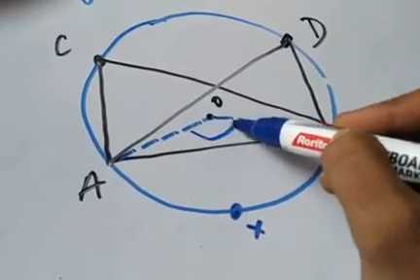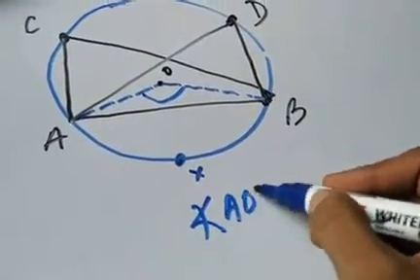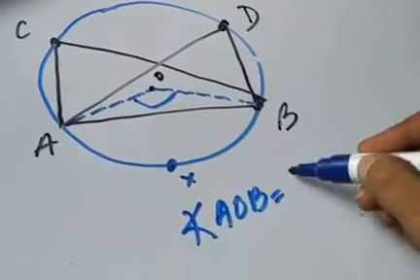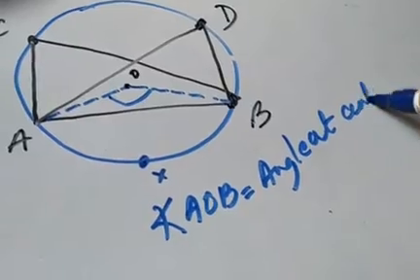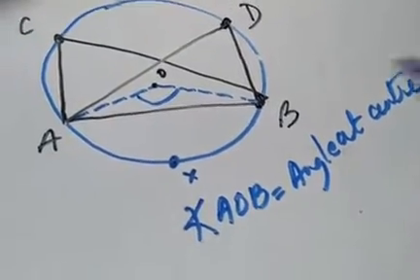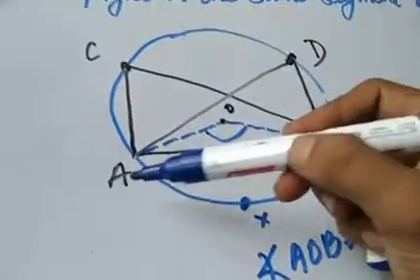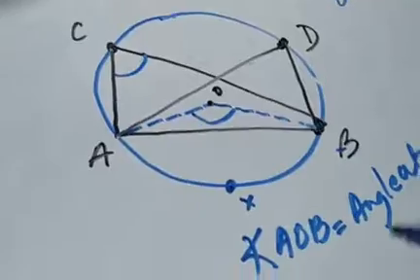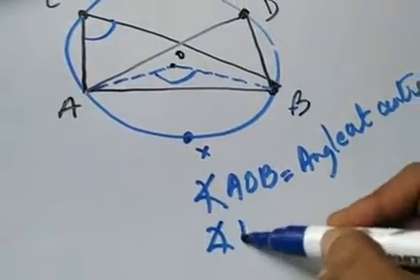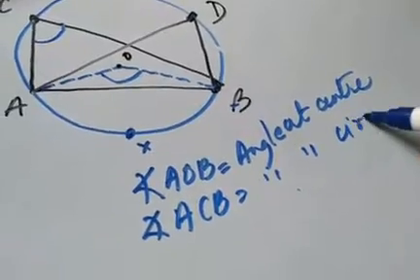So angle AOB is the angle at center. For the same arc, if you see it going this side, then ACB is the angle at the circle.